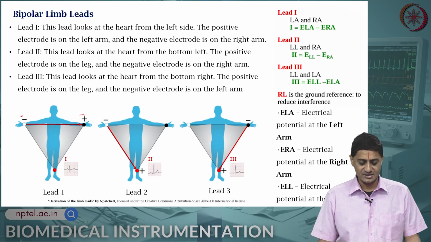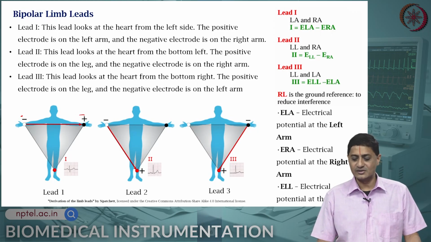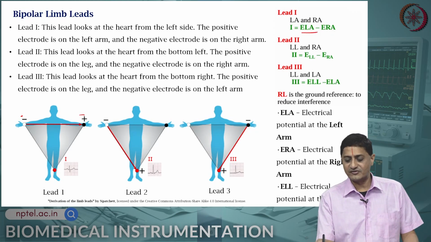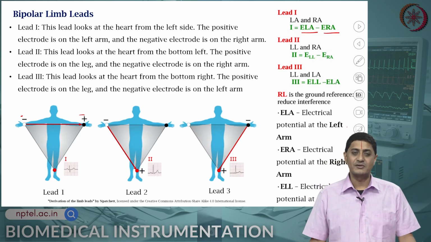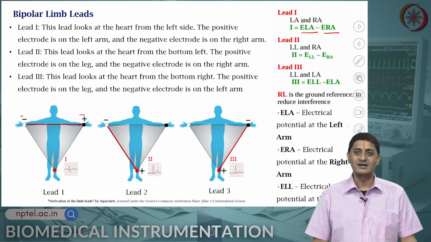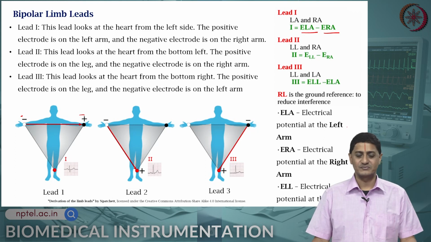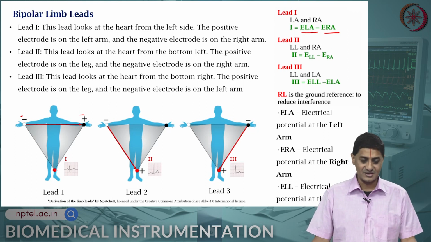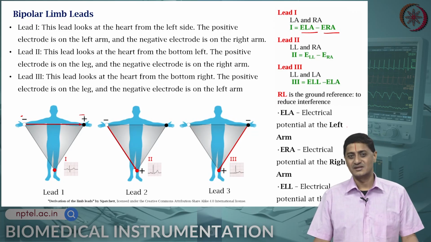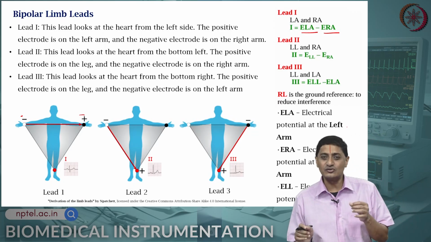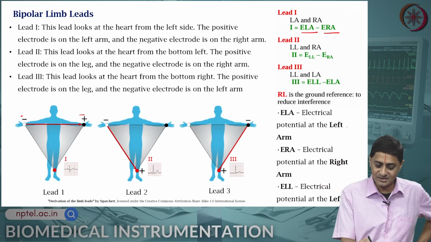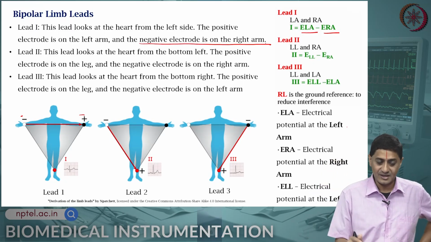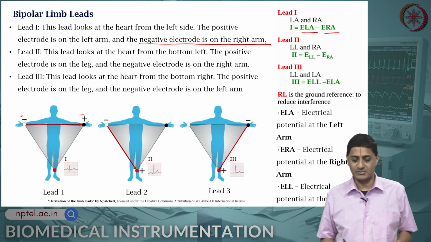Lead 1 is the electrode data from the left arm minus the right arm. Positive is the left arm and the negative is the right arm. Note that this is a bipolar lead, so there will be 1 positive and 1 negative. The negative electrode is on the right arm and the positive electrode is on the left arm.